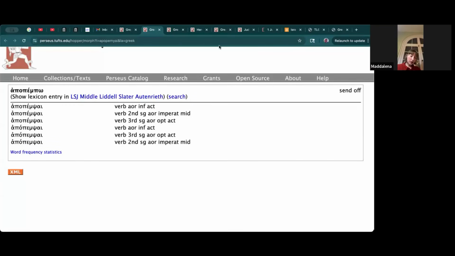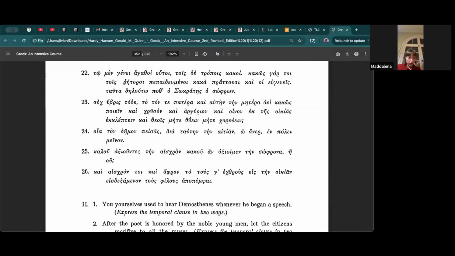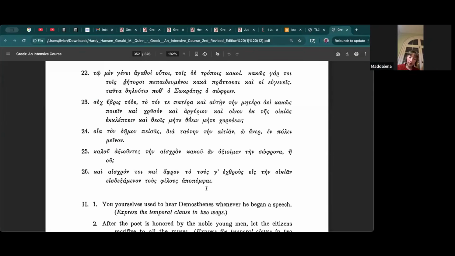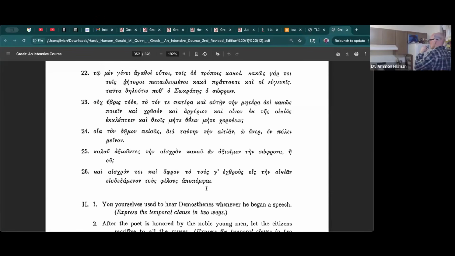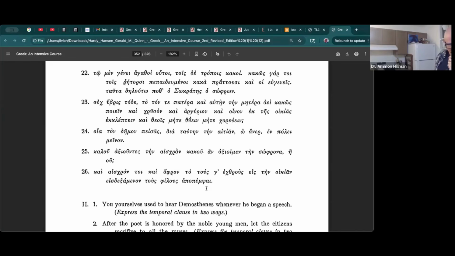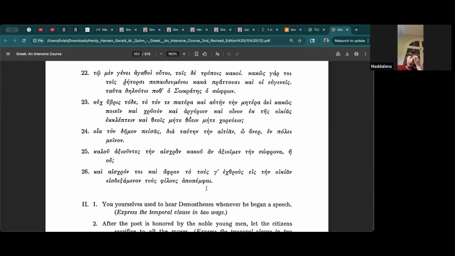No, it's an imperative. So turn it into a command. Tell them to do it. Send away. Apo, pempsai.